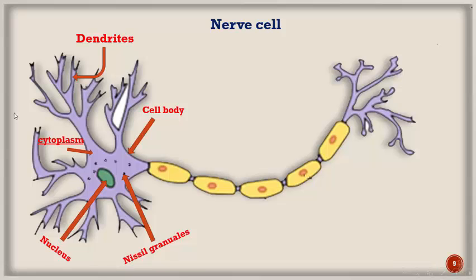Here you can see the very important part extending from the cell body, which is the axon. The axon is surrounded by the myelin sheath, which is a fatty substance surrounding the axon.